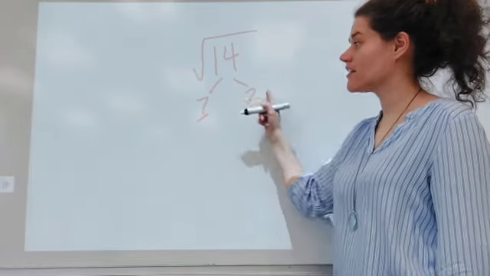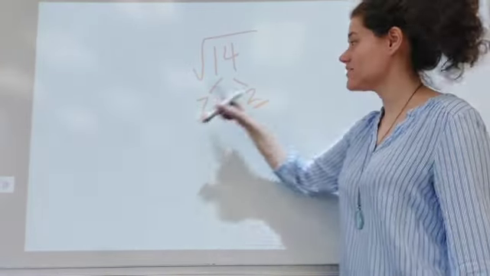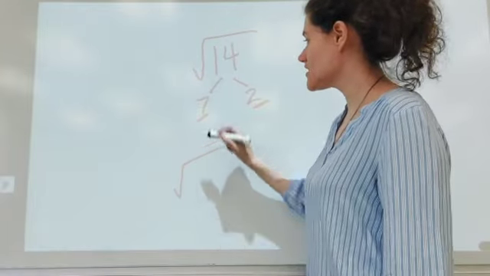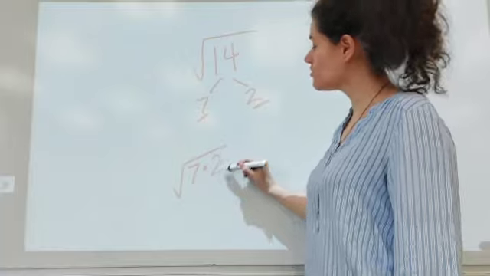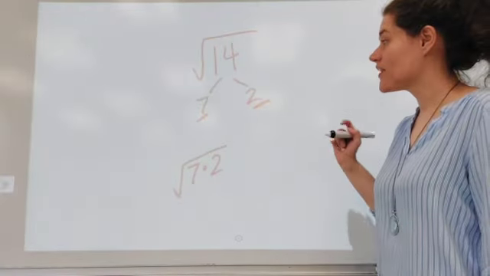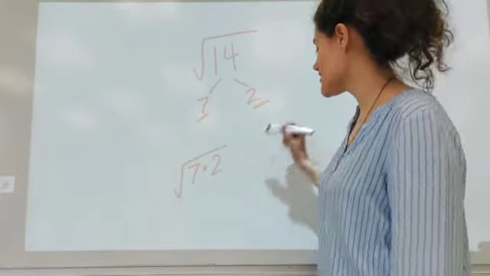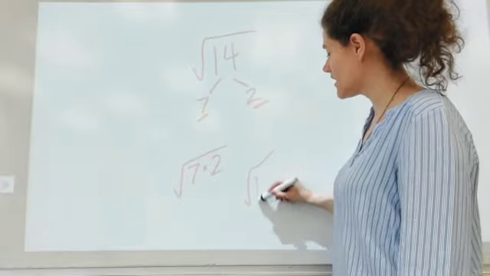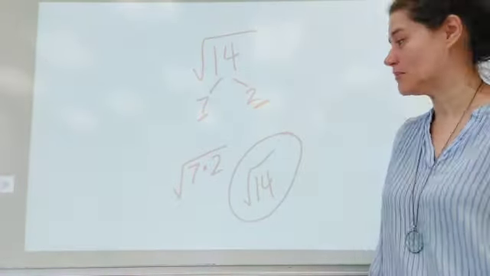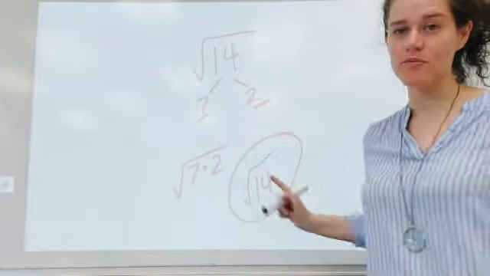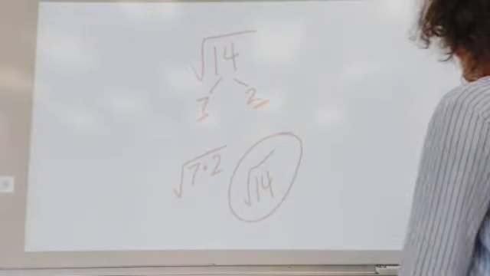So then nothing can go to the outside. Everything just stays on the inside. This 7 stays inside, this 2 stays inside, and they just multiply back together. So the square root of 14 is actually as simplified as it can be.